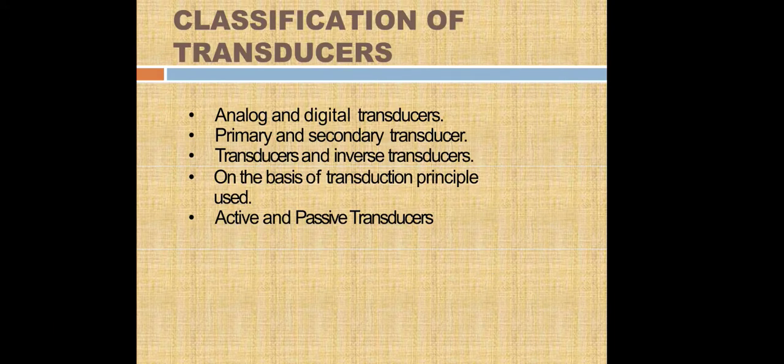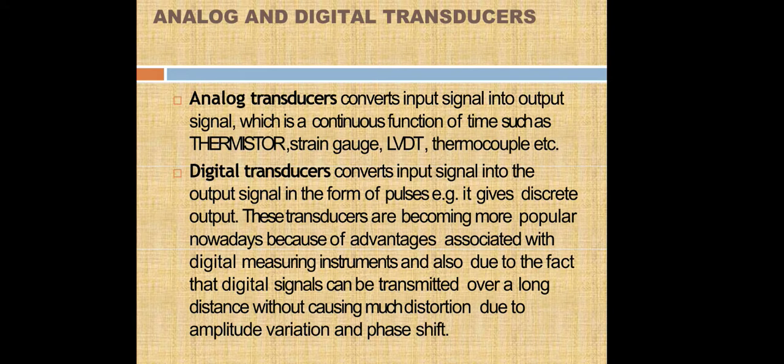Classification of transducers: analog and digital transducers, primary and secondary transducers, and inverse transducers, on the basis of the transduction principle used, and active and passive transducers. Analog and digital transducers.